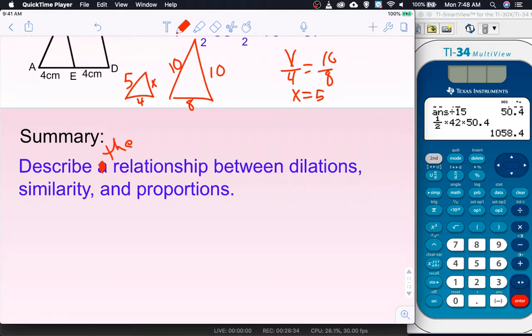So you could say something like, similar figures are the result of a dilation, and similar figures' side lengths are proportional.